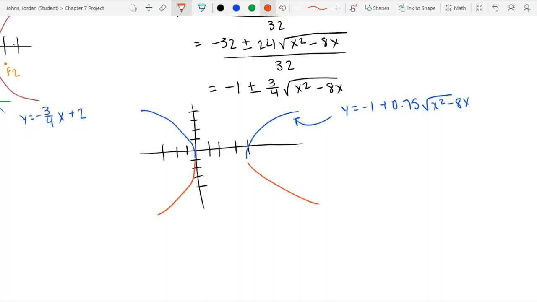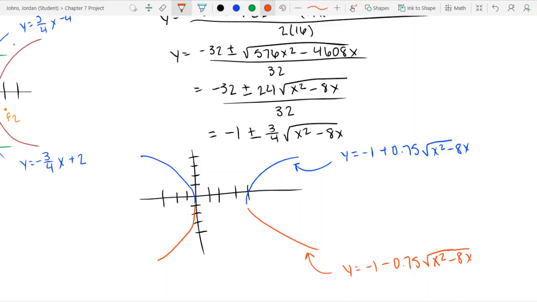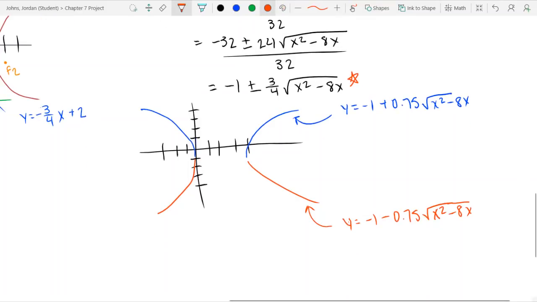And this one is y equals negative 1 minus 0.75 times the square root of x squared minus 8x. If you graph it in your calculator from this, it should end up looking a little bit like this. And then you're pretty much done with everything.